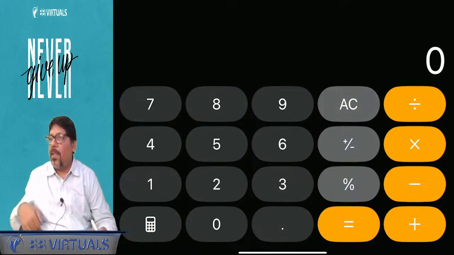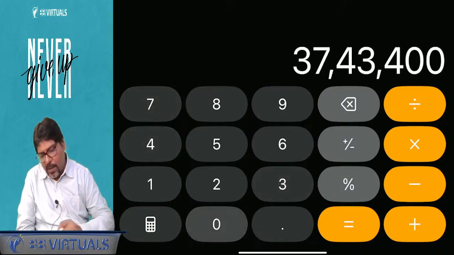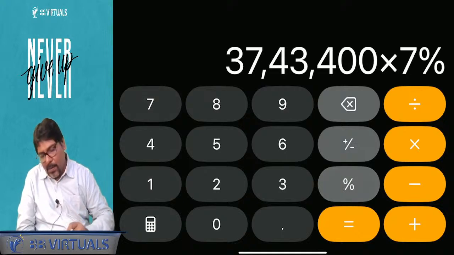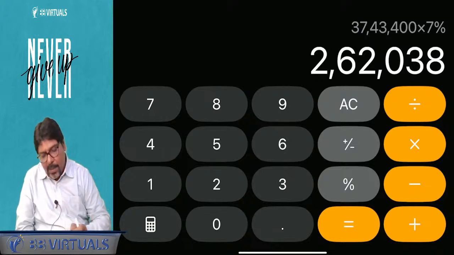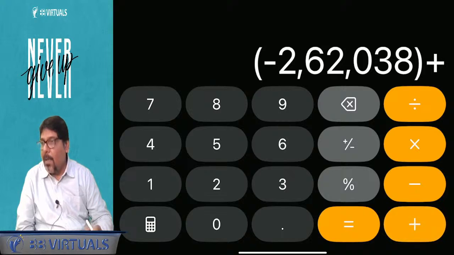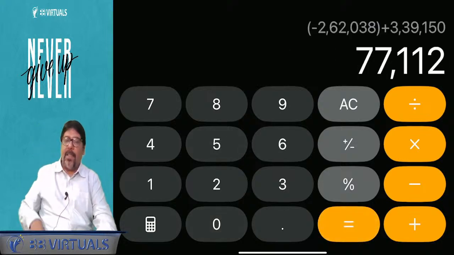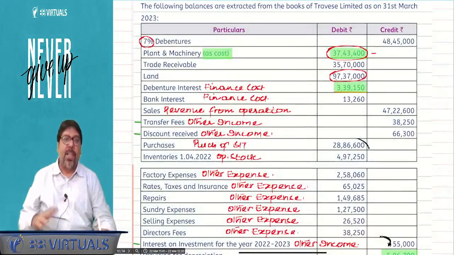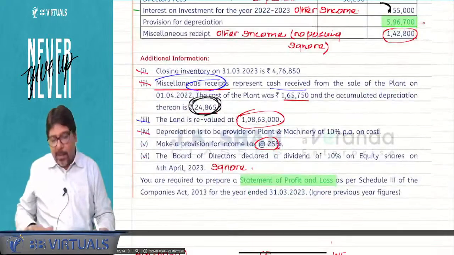Now debenture 3743,400 into 7 percent, and what they have paid is plus 339,150. So you will think 77,112 is extra interest they have paid, but we don't know how much debentures are redeemed also. So we'll not apply it because they have told nothing.